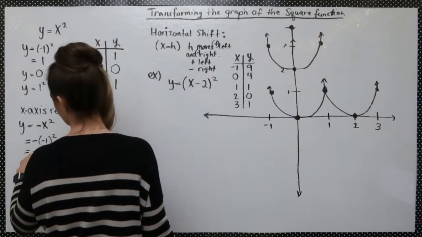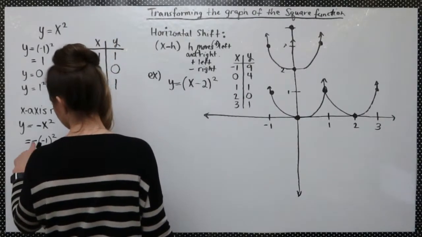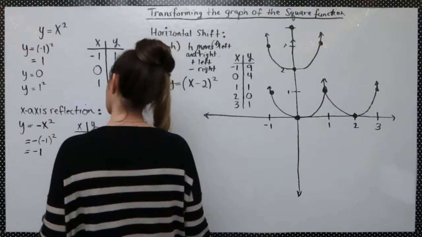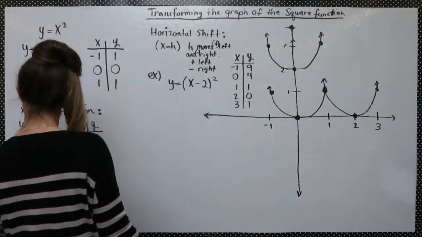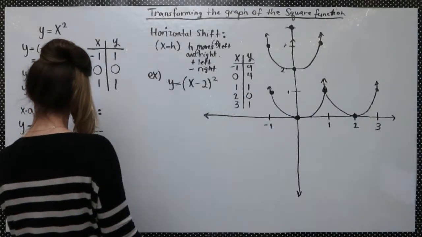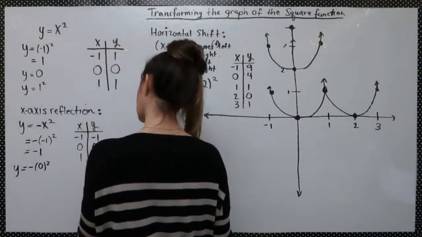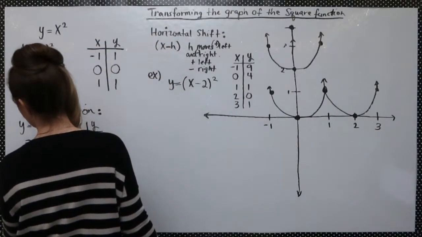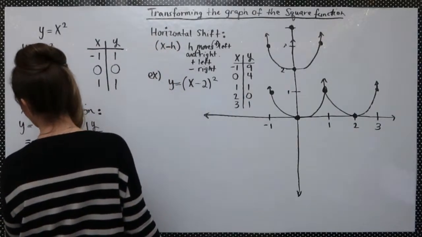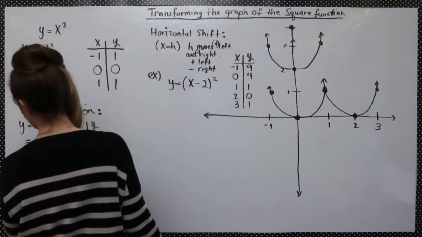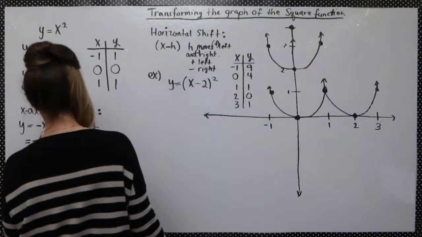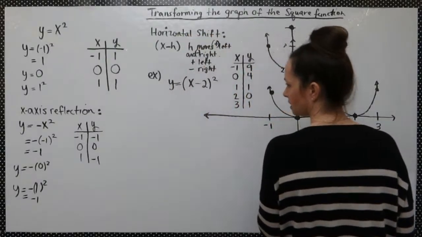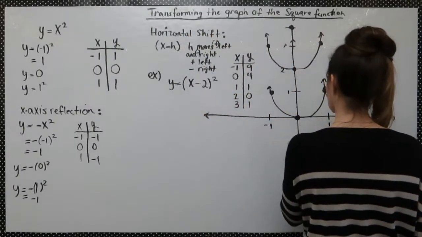Negative 1 squared is positive, and then it's negative, so that's negative 1. And then y equals 0. It's negative 0 squared, which is just 0. And then also with positive 1, negative 1 squared is just negative 1. So we have these points on there as well.